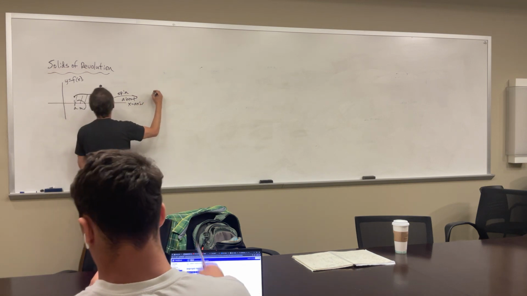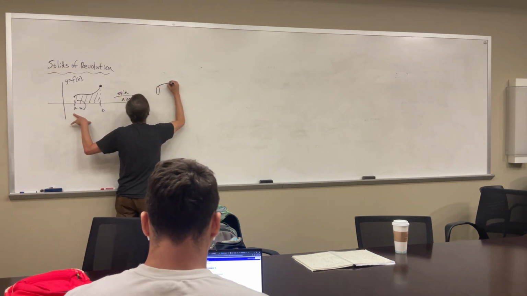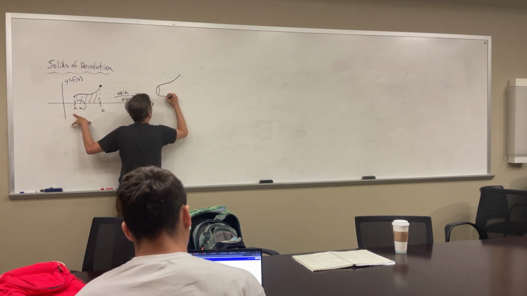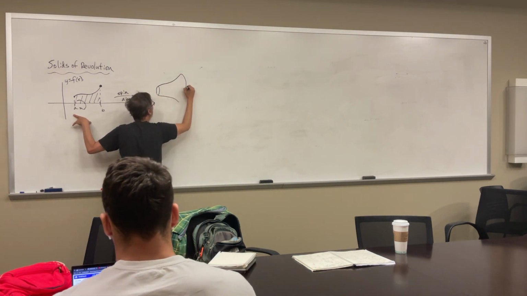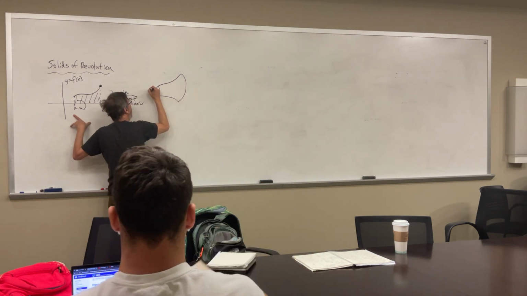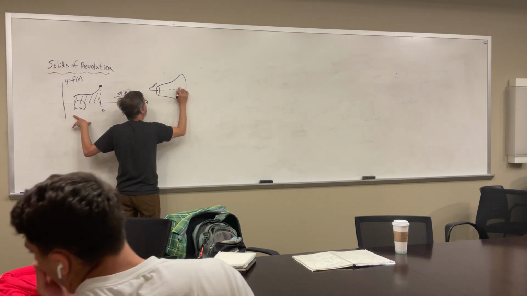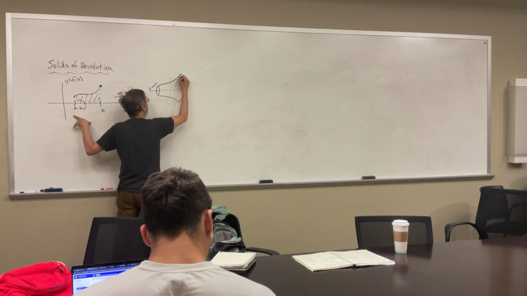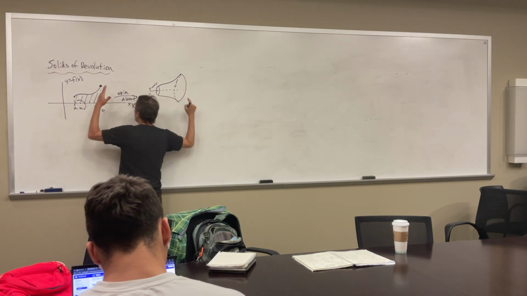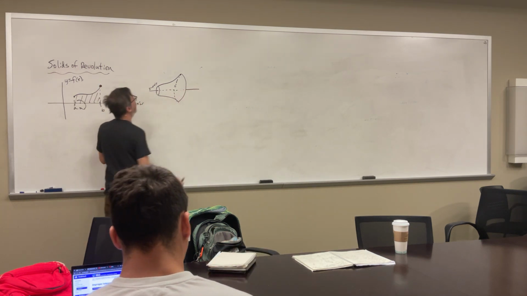And when I do that, I am going to get a solid that looks something like this. Here's the axis. This is the x-axis, the radial axis. And in the back here, we can't really see it, but there's a hidden flat side back there. And then this comes through and comes out over there.